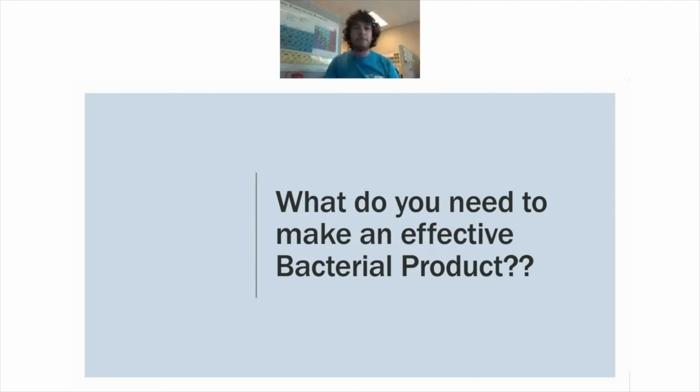A lot of the time, to make an effective bacterial product, you have to have something that is somewhat native or similar to a system, specifically a wastewater treatment system or a sewer line. Wherever you want it to apply, it is better to have a native strain of bacteria with known beneficial impacts. Some of the time, these bacteria won't have as long a shelf life or as high a concentration in the product, but overall, they will be a much better product.